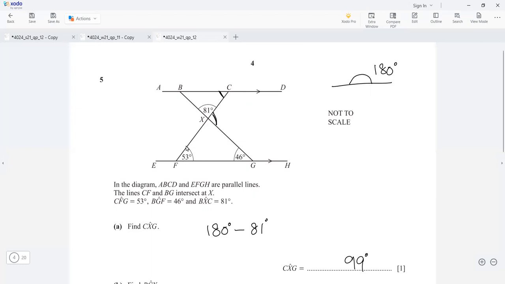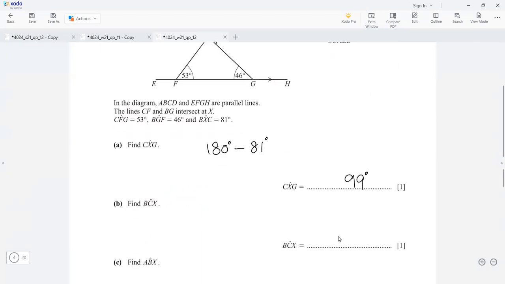When two lines are parallel, the angle on the right side of the intersecting line must be equal to the angle on the other side, the alternate angle, so it must be 53 degrees as well. So angle BCX we can write directly: it must be 53 degrees.